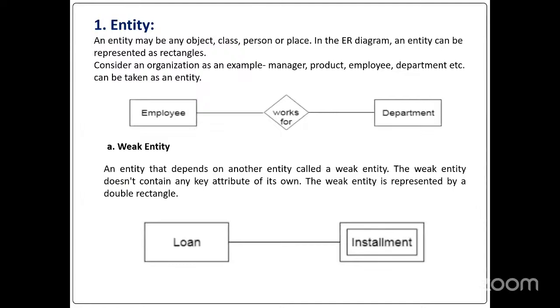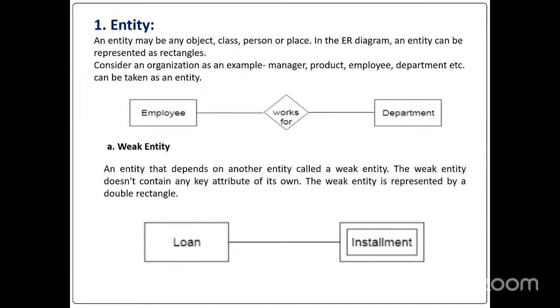Now see what is weak entity. We already know what is an entity, yes or no? What is an entity? It is a real world thing or an object. Example: here two entities are there, employee and department.